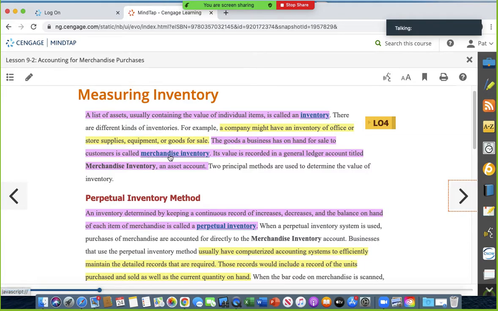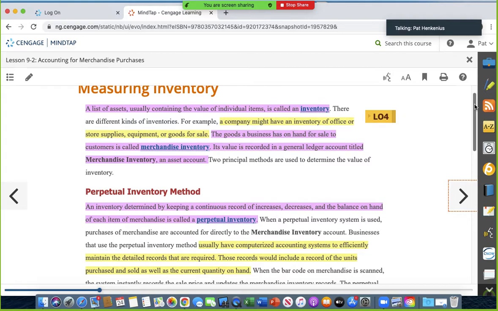And this is going to be a new account that we'll deal with and we'll use, and it's going to be an asset account. So when we're talking assets, we're talking debit increases, right? Credit decreases, right? And you're thinking merchandise, like for the hats, the hat store. So everything that we are going to sell. Again, not the day-to-day supplies that we need, okay? So we need to keep track of our inventory.